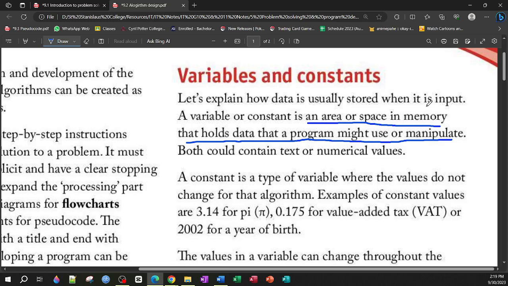Anybody have any idea what kind of memory is being mentioned here? Something you would have learned in third form. What memory does the computer have?